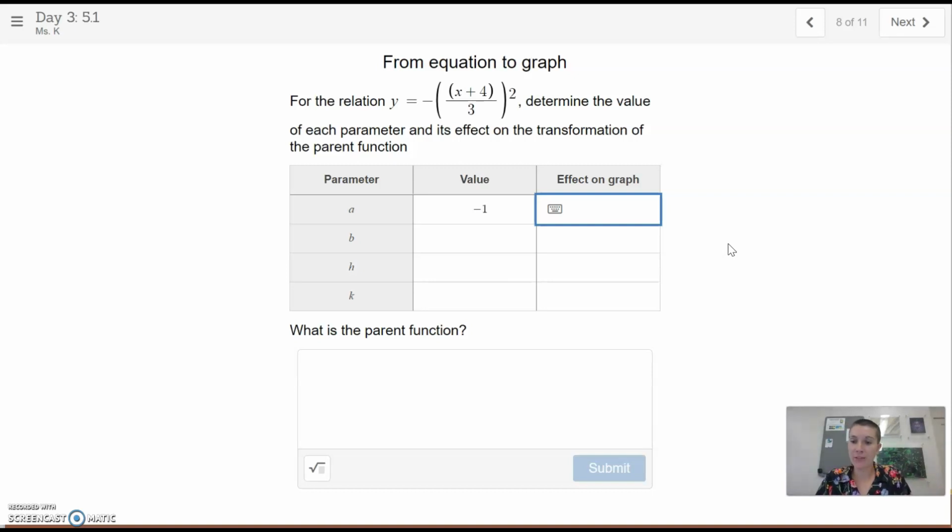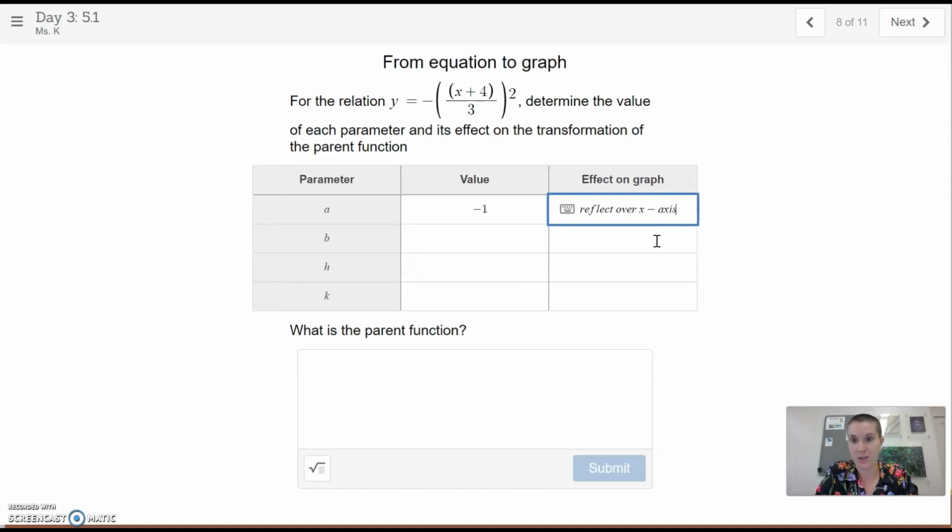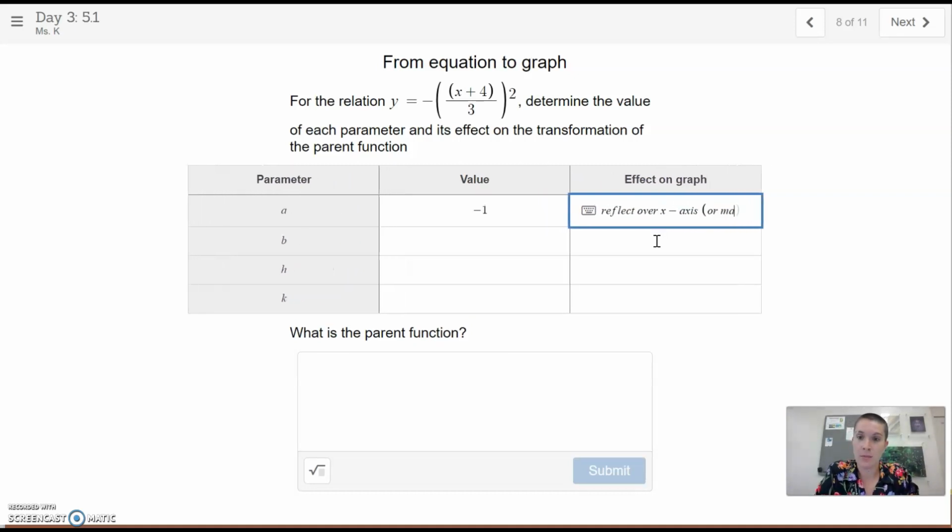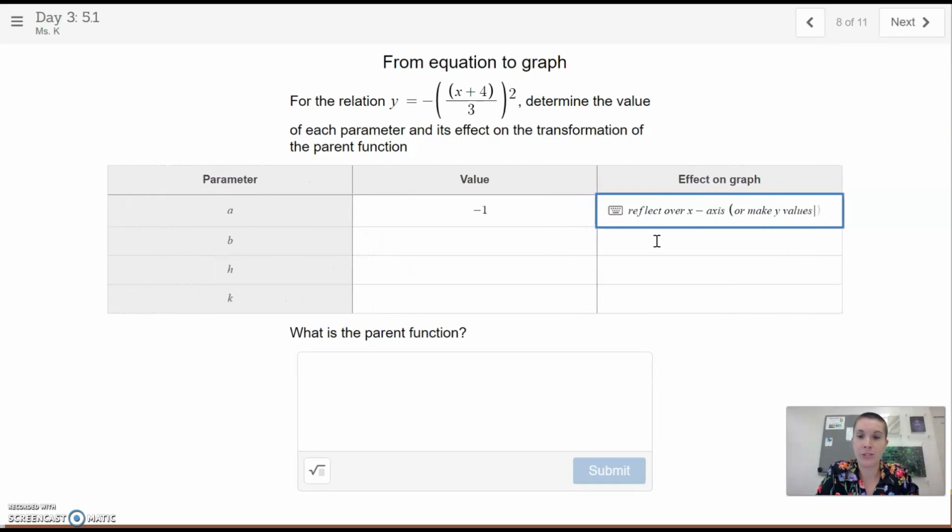So if you imagine a graph, if you reflect something over the x-axis, all the x values stay the same, all the y values are flipped. So when you are reflecting over the x-axis, you're going to be changing your y values, aka you're going to be changing parameter a. So our effect on the graph: reflect over the x-axis, or make y values negative.